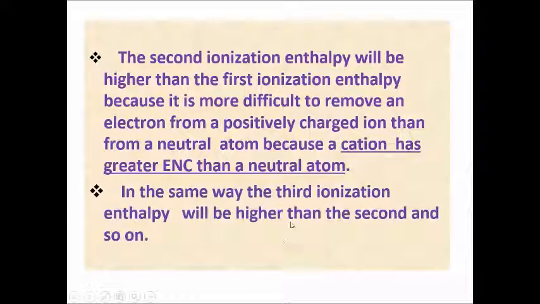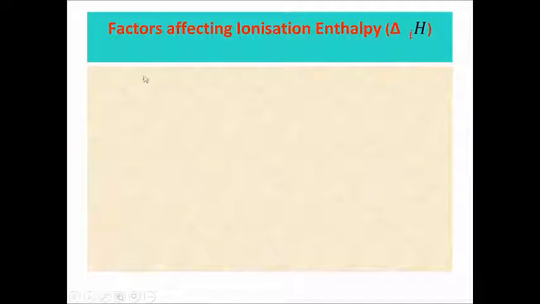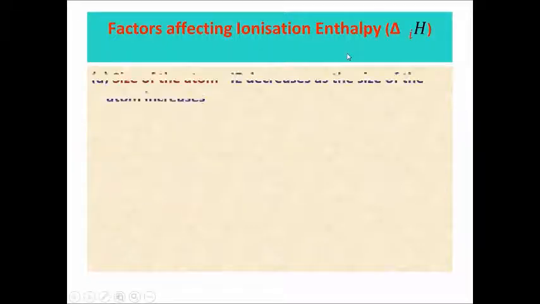In the same way, the third ionization enthalpy will be higher than the second, and so on. So whenever the ionic state is higher, the ionization enthalpy will be higher compared to the others.